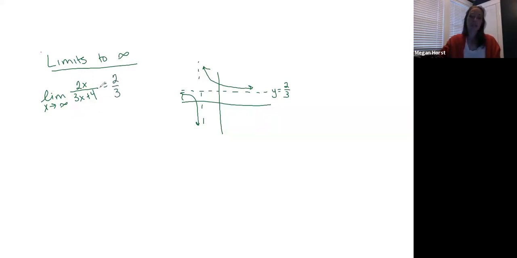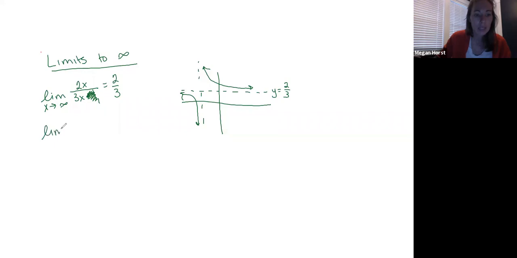The calc explanation behind that is that when you add something like +4 to something that's going to infinity, this is negligible, right? That's just gone. So what we have now is 2x over 3x. And this numerator is getting large at the same rate that this denominator is getting large. So they're able to be canceled out and you're just left with 2/3 because the rate at which these are increasing is the exact same.